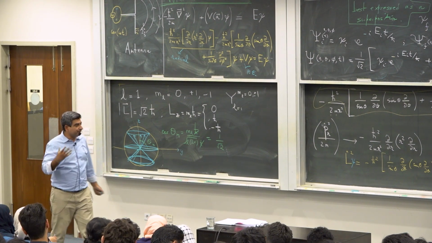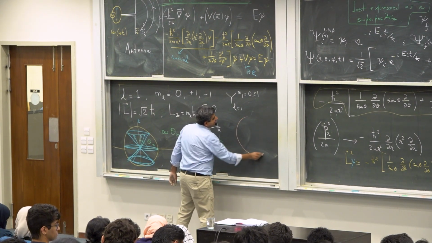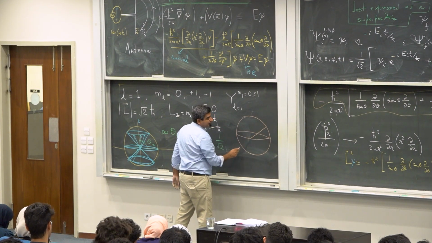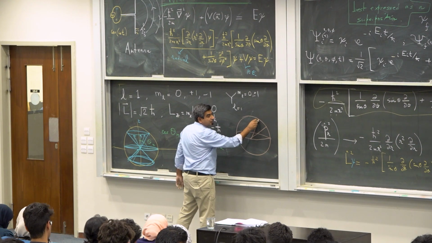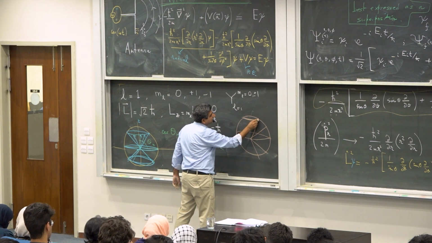For L equals 2, you will have a scenario that looks like this. L equals 0, L equals 1, ML equals 1, h bar, 2 h bar on the other side, and you can have these cones.